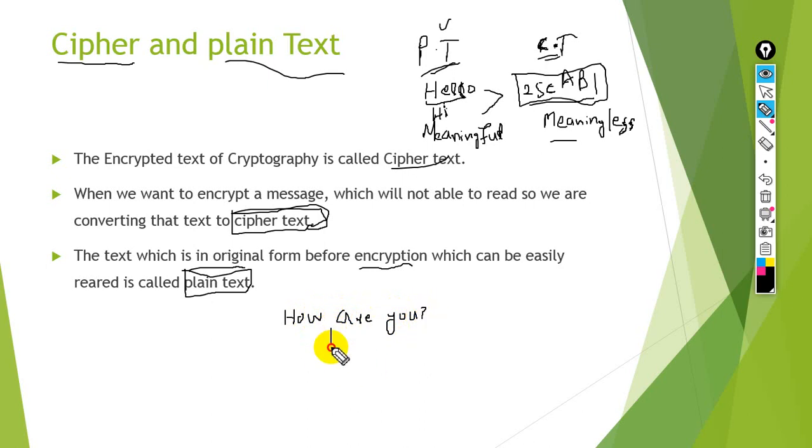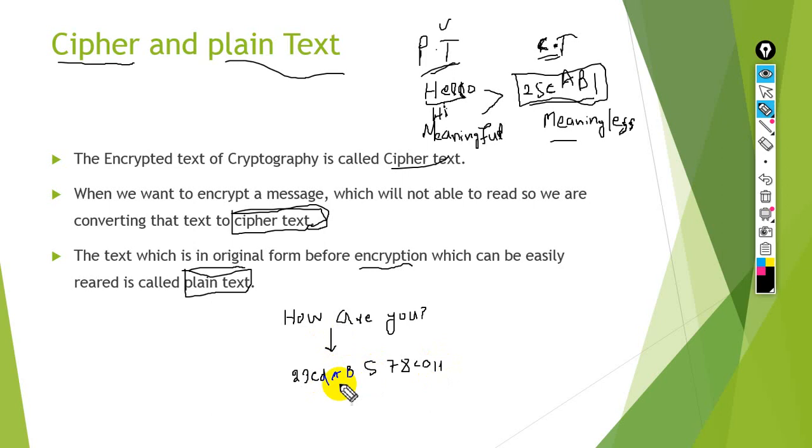But when we convert this text to some code, for example, I'm writing a code just like this: 2 3 C D A B 5 7 8 C D 1 1.